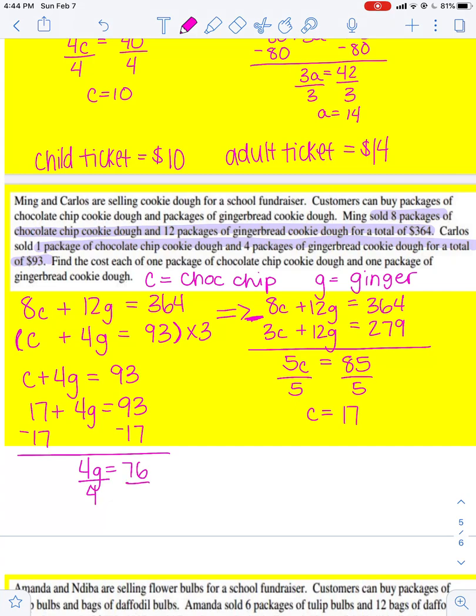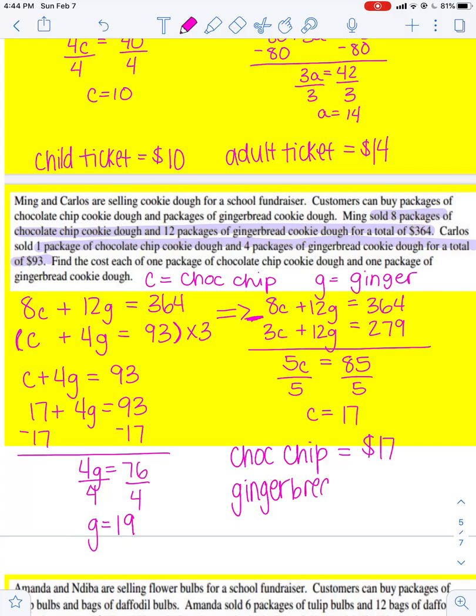And then I'll divide by 4 on both sides. And that will give me that G is equal to 19. So I know that chocolate chip cookie dough cost $17. And I know that gingerbread cost $19.